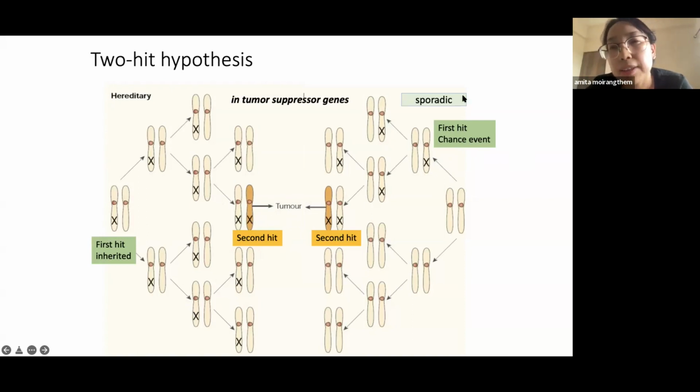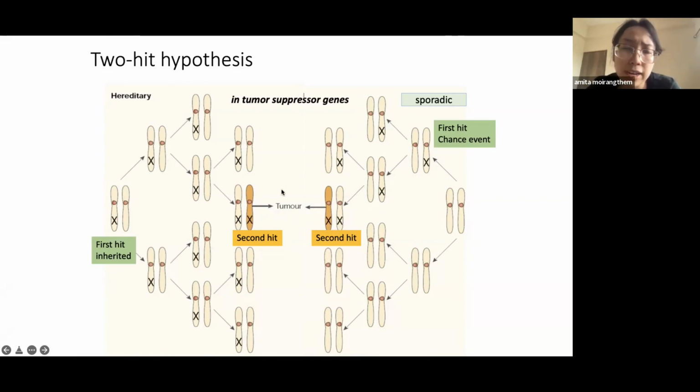Whereas in sporadic tumors, to begin with at birth, there is no mutation in any of the alleles. But because of some random phenomenon, in one of the cells, one of the alleles has a mutation. Then as the cells divide, the second normal copy may also be mutated with a second hit. When both alleles are mutated, this again causes a tumor.